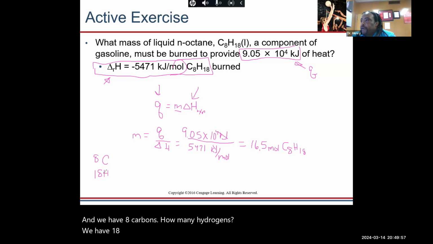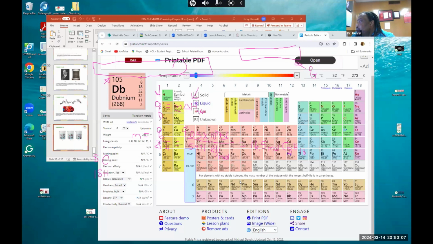Okay, if we go to our periodic table, we have carbon. Carbon weighs 12.011. So let's go ahead and write that down.